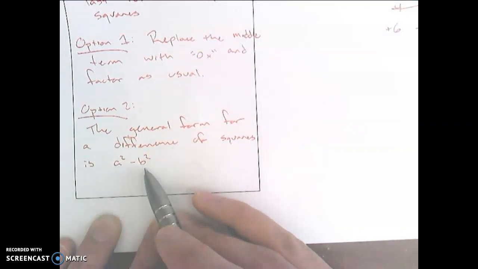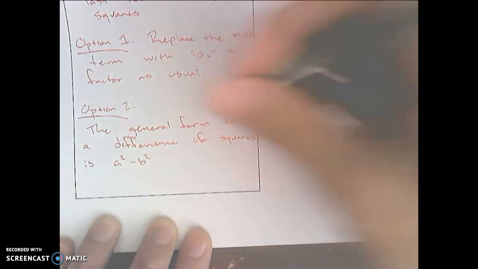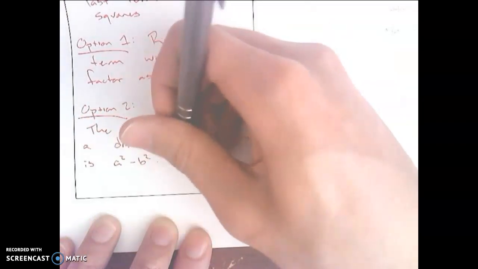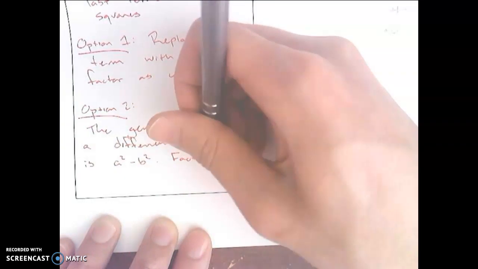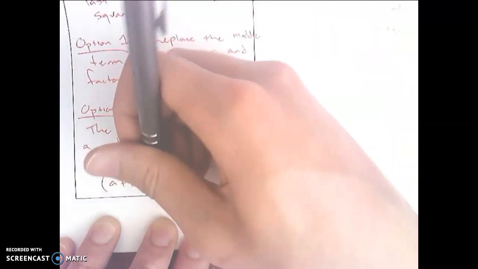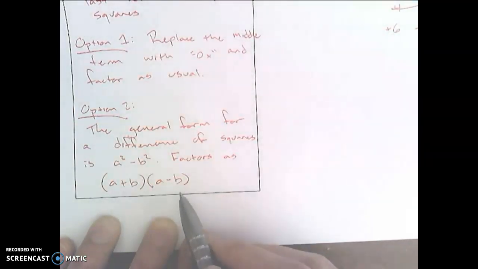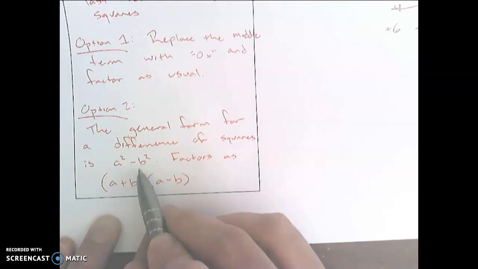We have b squared, so these are both squares, and we're taking the difference, we're subtracting. This factors as a plus b, a minus b. If you were to FOIL this out, you would find that this equals a squared minus b squared.